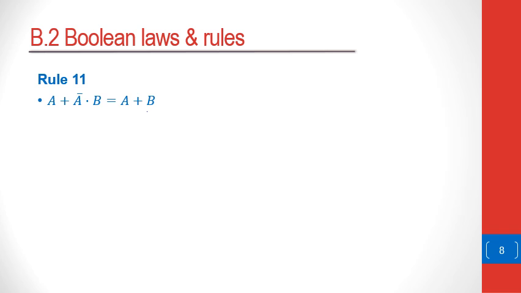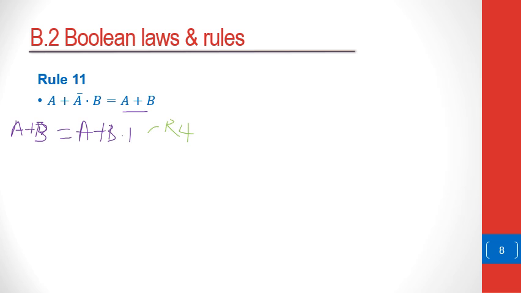So we can try and prove rule number 11 by starting on the right hand side with A or B. You can see that A or B is simply equal to A or B and 1. This is according to rule number 4.